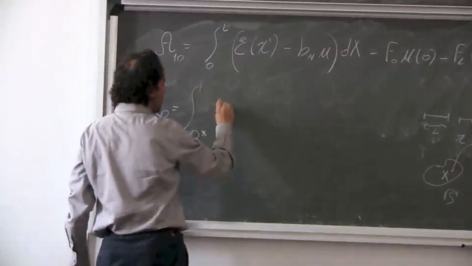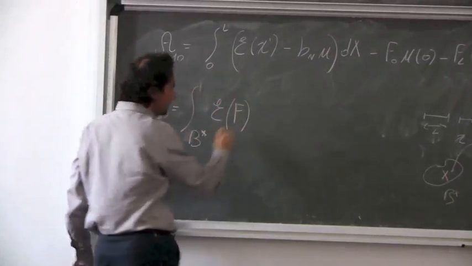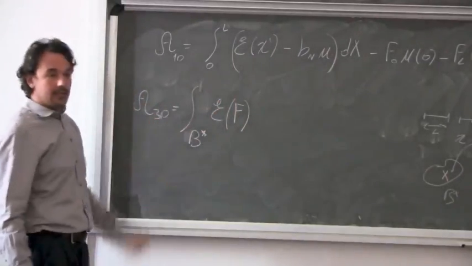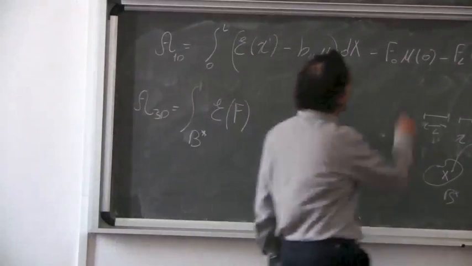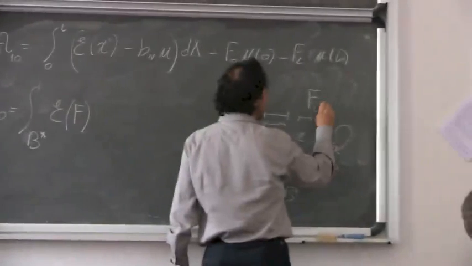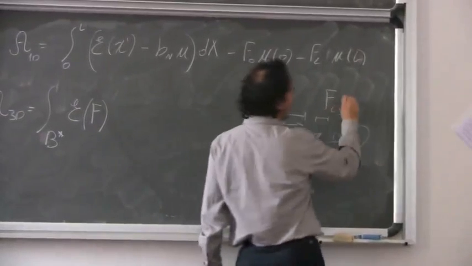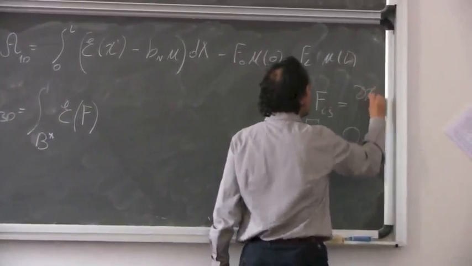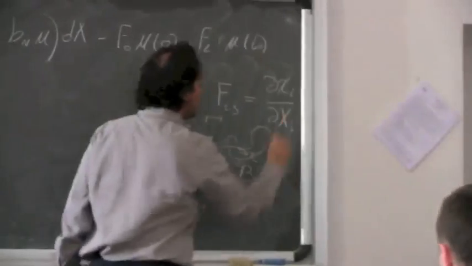And here we have the energy of F, that now is a tensor. F has some indices. Let us use Fij equal to the derivative of chi i over Xj.